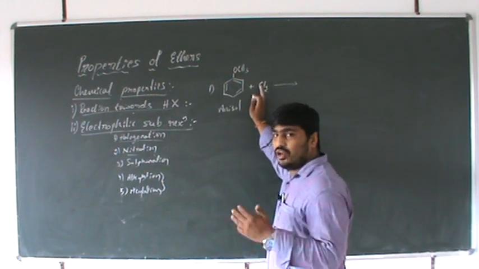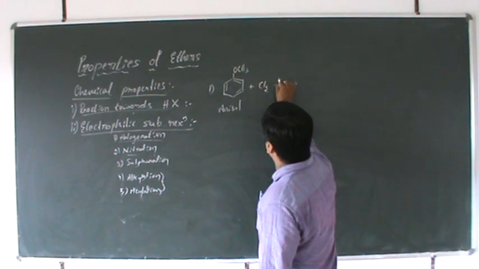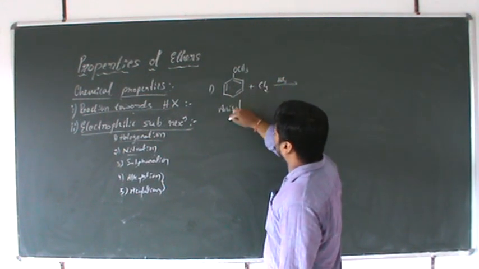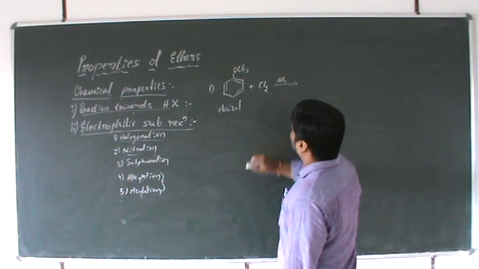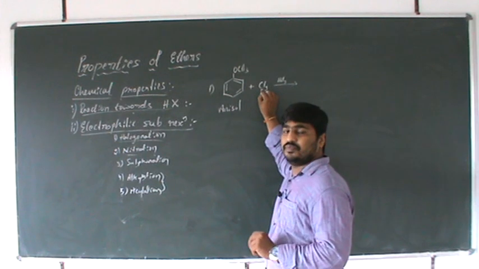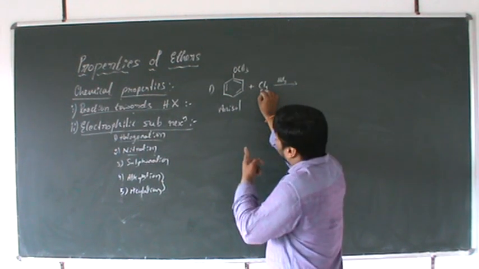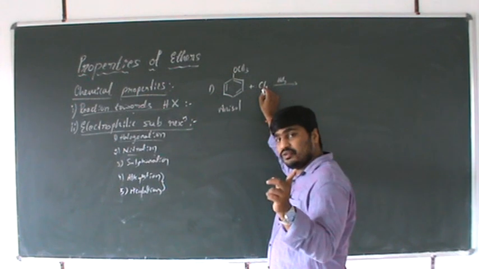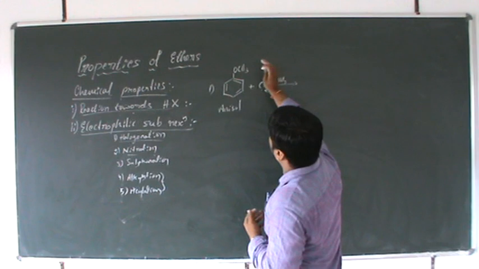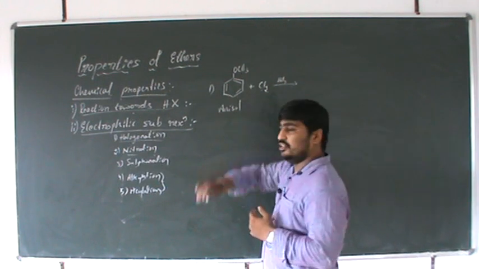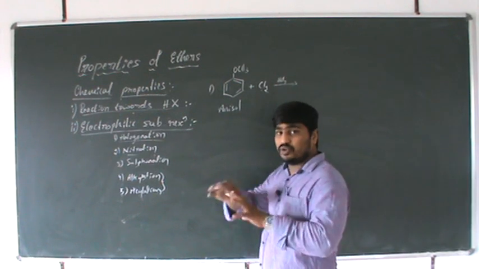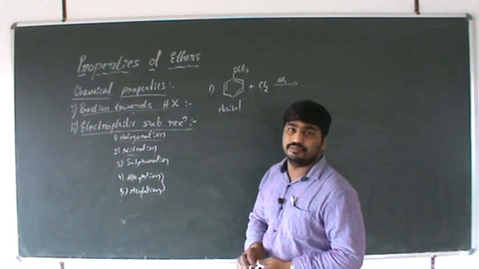When we use the halogen and anhydrous aluminum chloride as the catalyst, then chlorine attacks on which part of the ring? Again, it is for you. Please guess the position of this anisole for the electrophilic substitution reaction.